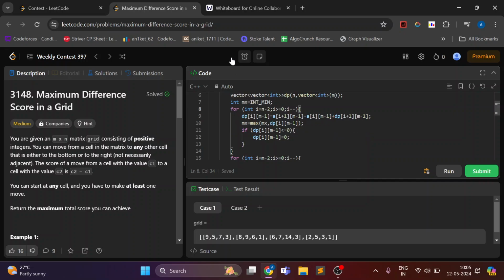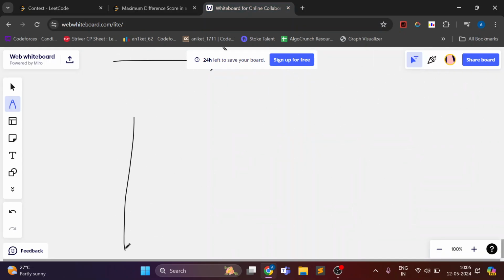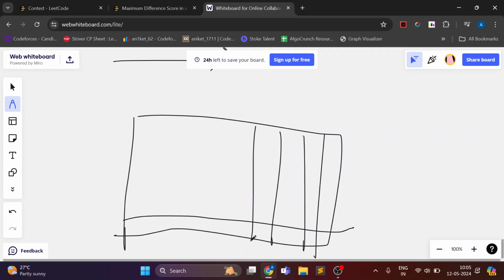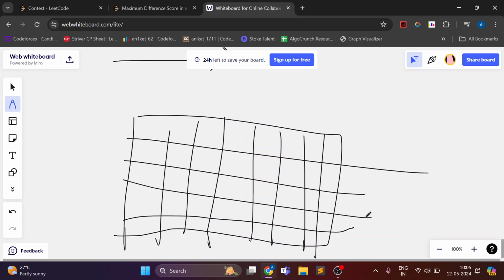First of all, I am initializing the last row and last column of my dp table, because there is only one option for those. For the last column you can only go to the bottom and for the last row only to the right, it cannot go up and it cannot go left.